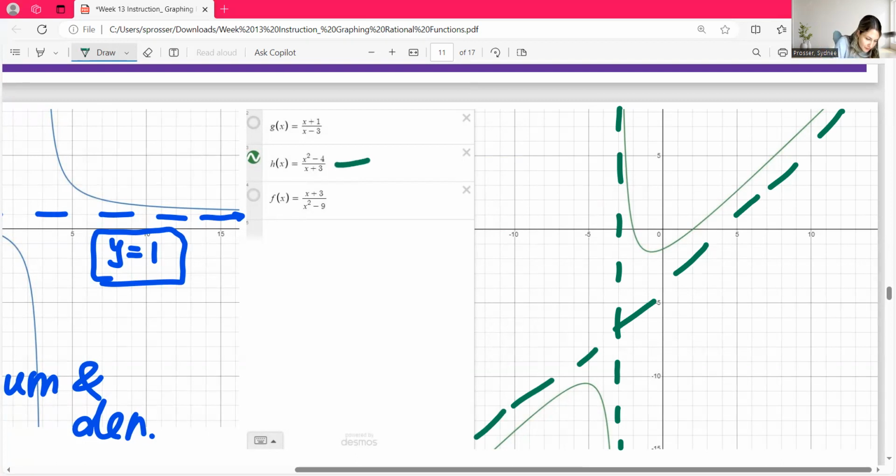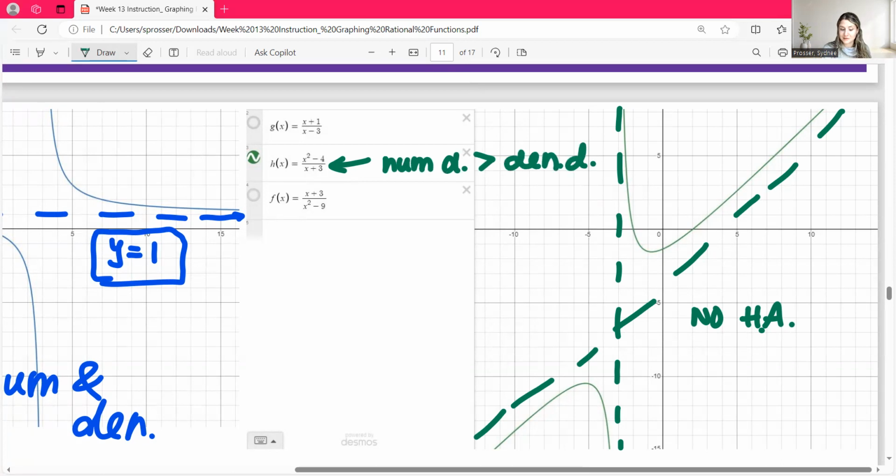So I'd say no horizontal asymptote. Look again at the degree. The numerator degree is bigger than the denominator degree, and that results in no horizontal asymptote.